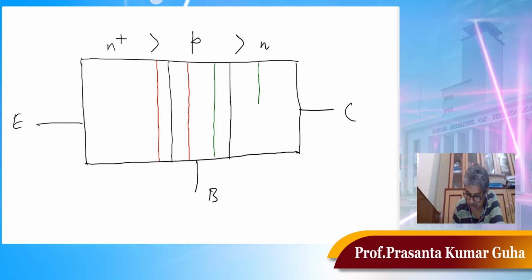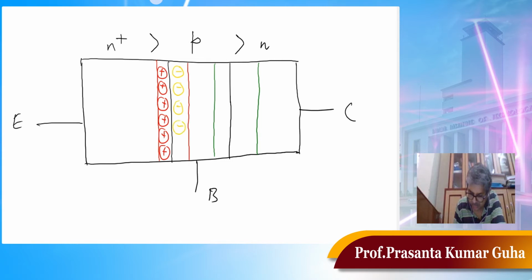So you see, these are the depletion region. These will contain positive immobile ions, this part of the junction, and this will contain negative immobile ions.